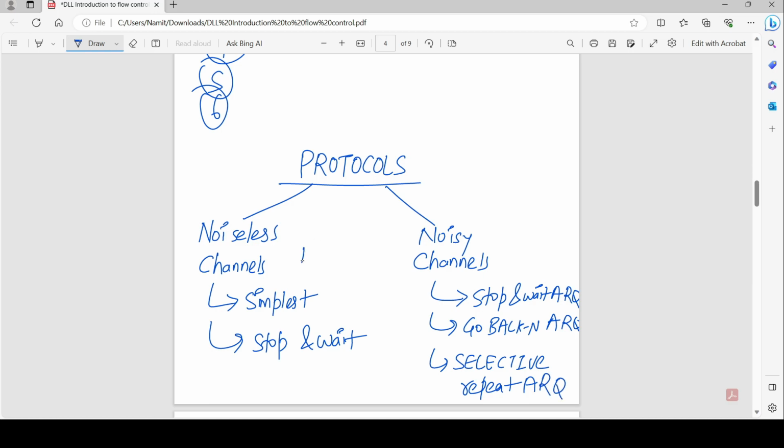We are going to discuss these protocols one by one in the coming lectures.